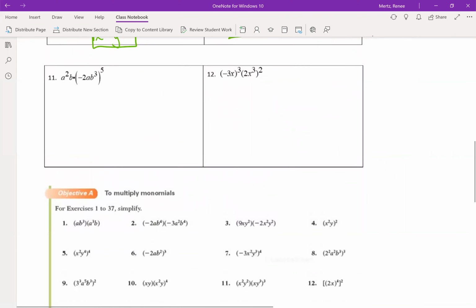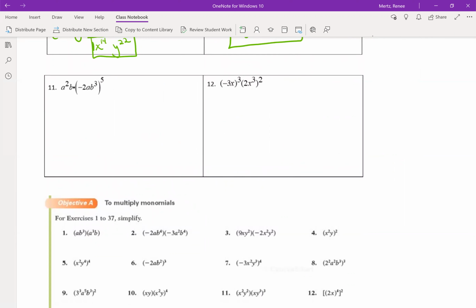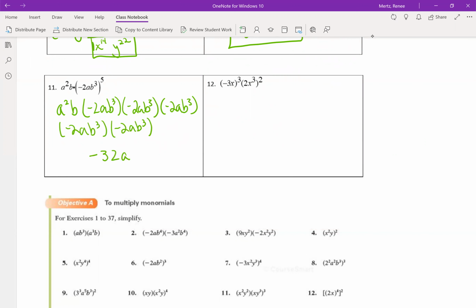Try 11 and 12, please. I got negative 32, a to the 7th, b to the 16th.